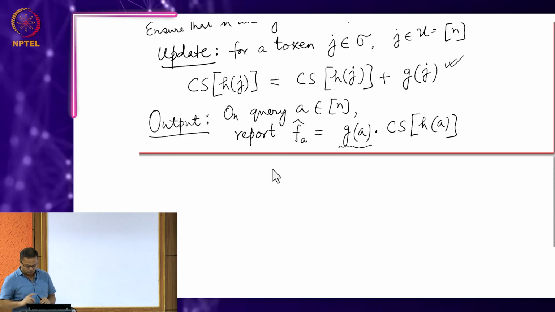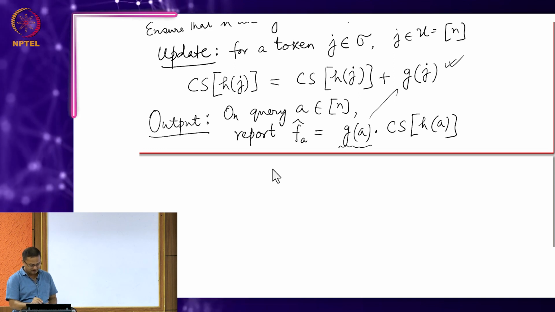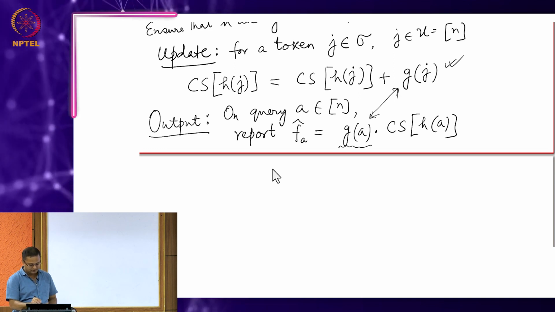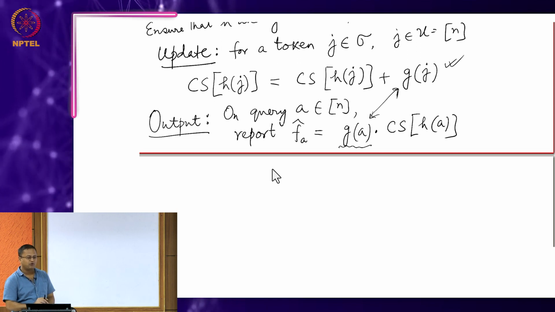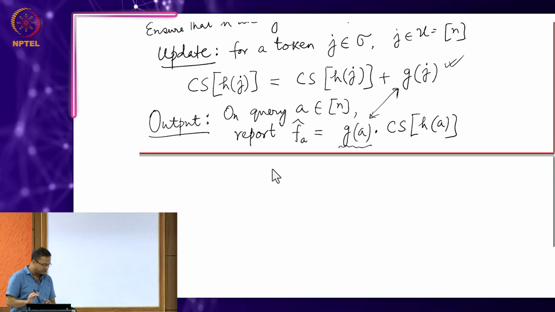The entire fun actually lies in this. Without this multiplication, I could not have proved an unbiased estimator, which I will shortly do.